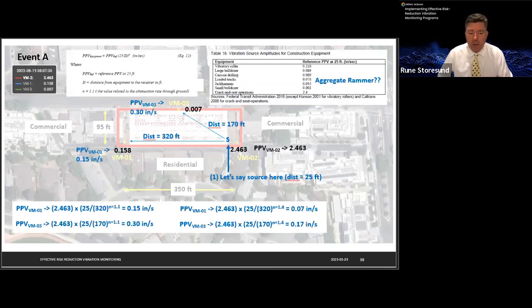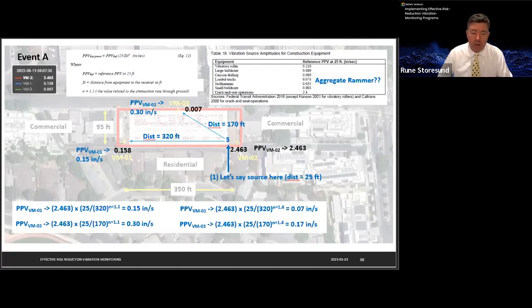All right, so this slide is a bit busy, but the first thing I'd like to point out is that our table in the upper right of typical vibration source amplitudes for construction equipment doesn't have an explicit entry for an aggregate rammer. And you'll likely find that the existing literature out there is short on a comprehensive catalog of all equipment and the reference PPVs.